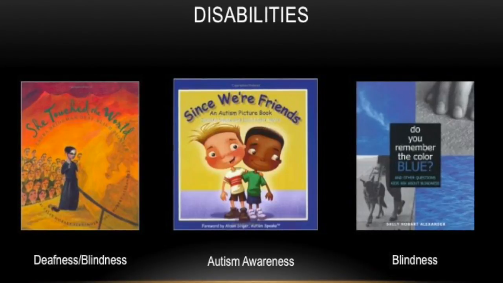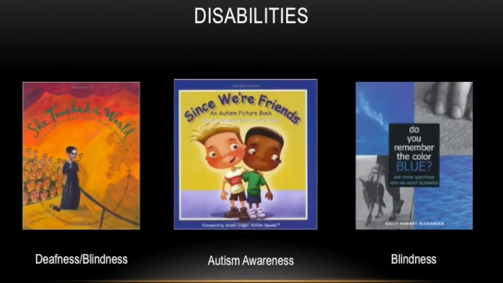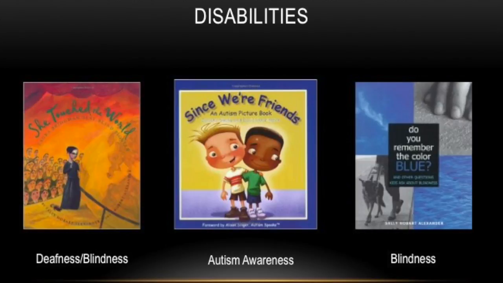The final book that I have up here is Do You Remember the Color Blue? It's questions that children ask about blindness, which I thought was fascinating. This is a story that I don't have in my possession just yet, but from the research that I've taken a look at, this one's also written by Sally Hobart Alexander, and it goes into her actual story.